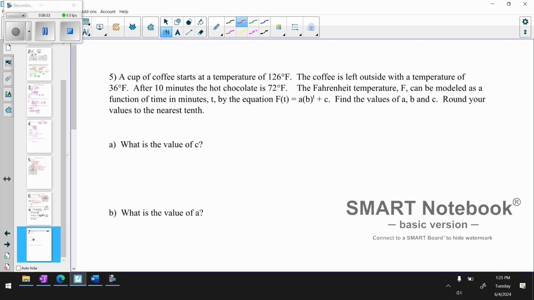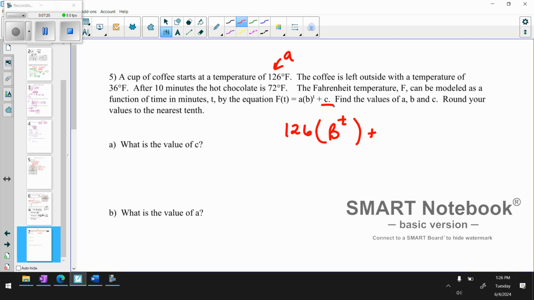Okay. The Fahrenheit temperature is that, right? So ready? A is our starting temperature, 126. B. We're going to solve for B in a second, so let's just put B in. Things we know, B to the T plus C, right?